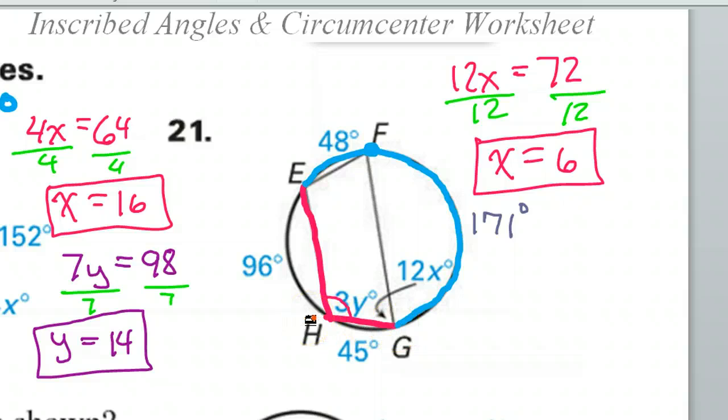So 48 plus 171, that's 219. Now half of that should equal the inscribed angle. Now this is odd, so it's going to be a decimal. Okay, so half of 219 is 109.5.